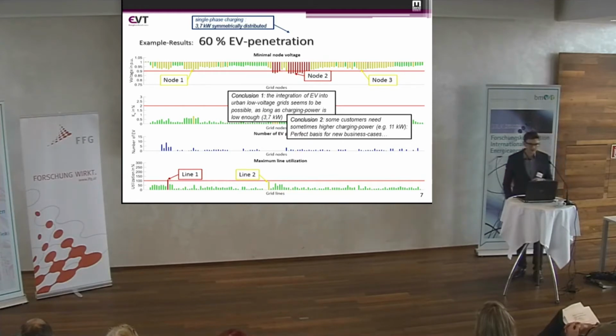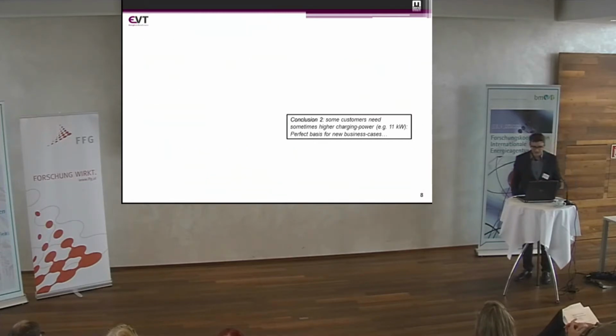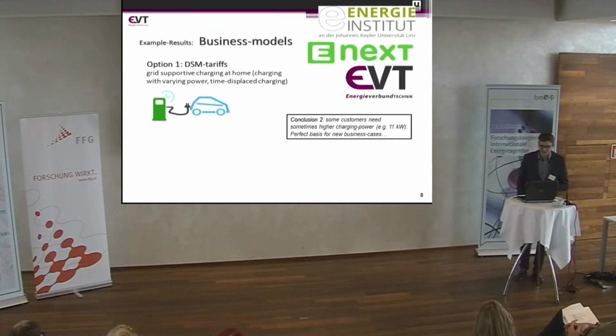Probably some customers need higher powers sometimes, probably when they have a Tesla at home and they want to drive from Leoben to Vienna or something similar. This is actually a perfect basis for new business cases, and this is also one of the business model options.